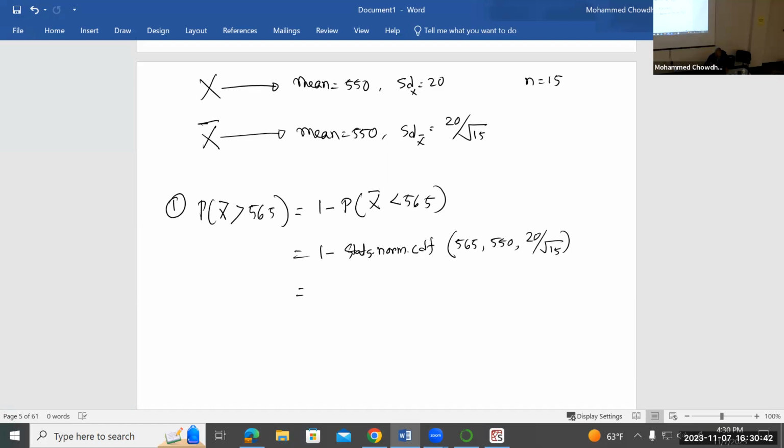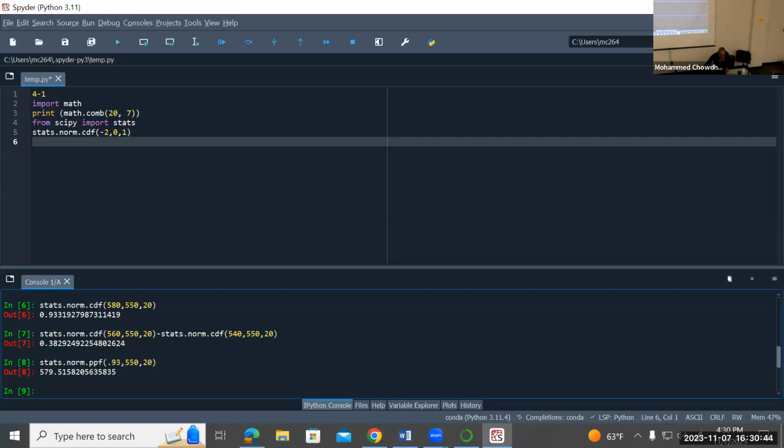Let me solve it. CDF, 1 minus, 550, 20 over np.sqrt of 15.